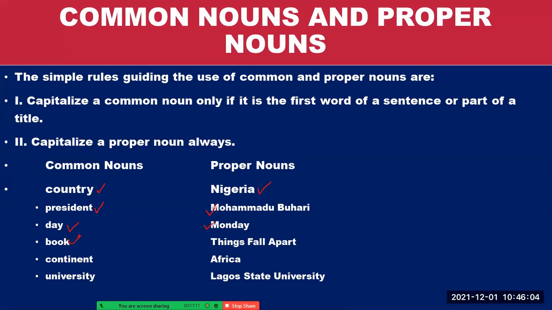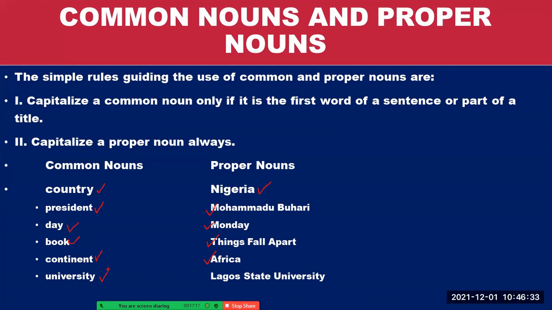Then we have the word book, which is a common noun. A particular book, Things Fall Apart, a novel written by Chinua Achebe, is a proper noun because it's the name of a particular book. Talking about continents is a common noun, but Africa is the name of a particular continent, so it's a proper noun.